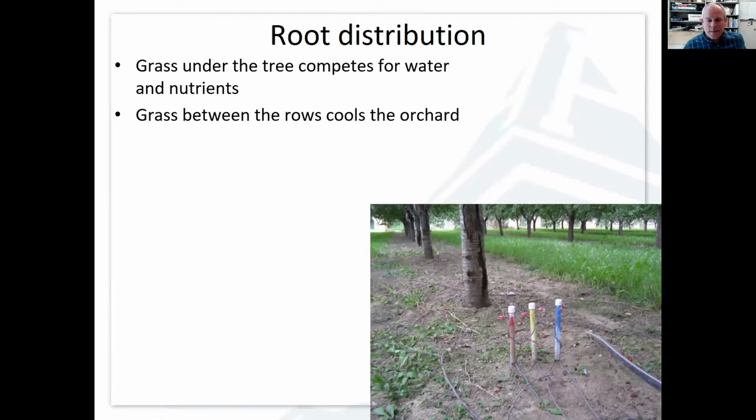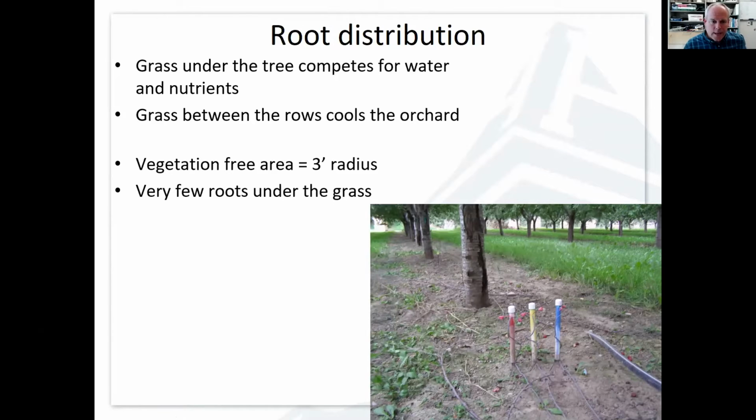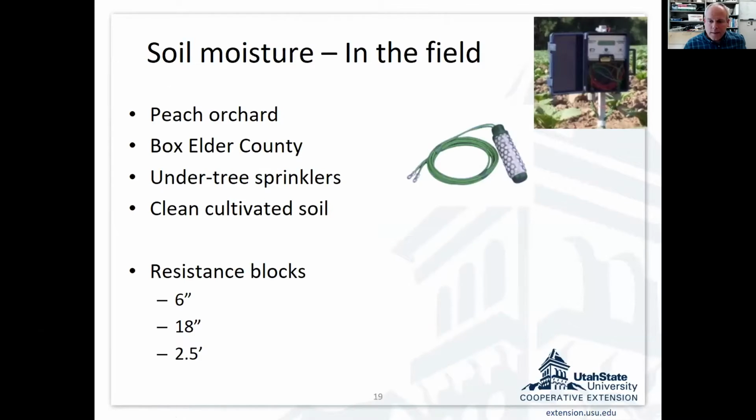So this is an important thing to think about if you have a small backyard orchard or a home garden situation. If you've got the grass right up against the tree, it's competing for nutrients and for water, making it hard to get a consistent soil moisture for that fruit tree to really thrive. So yeah, about a 3 foot radius, and that's how we do that.